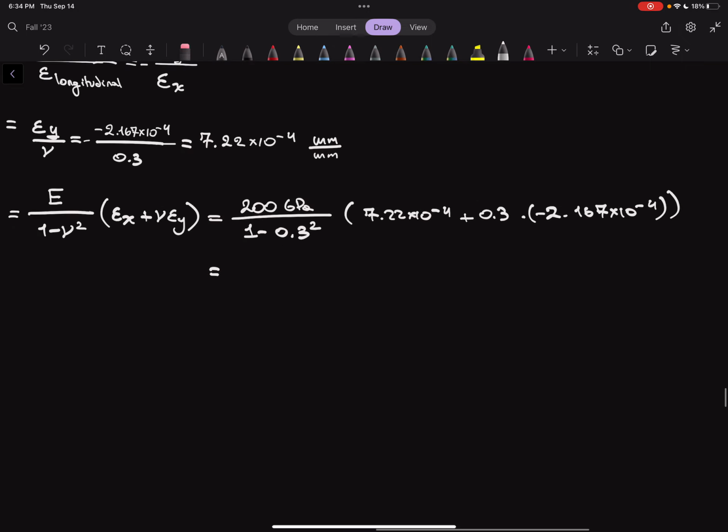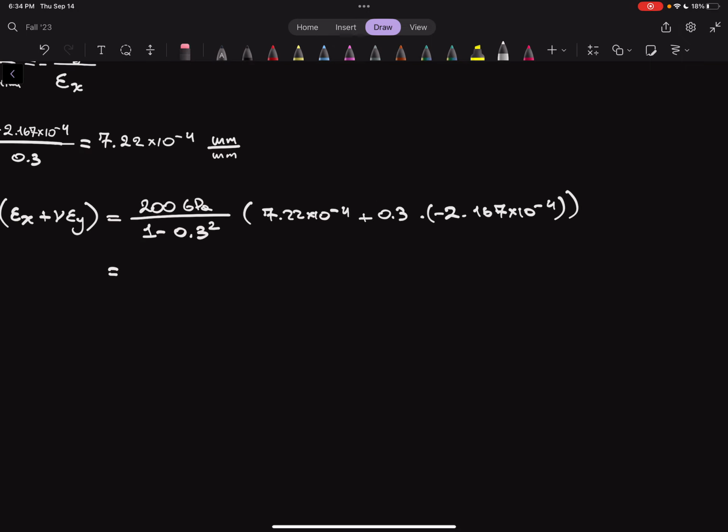So what is that going to be? 200 divided by 1 minus 0.3 squared, multiplied by 7.22 times 10 to the negative 4 plus 0.3 times minus 2.167 times 10 to the negative 4. Put all of that in, and it's going to be 144.4 megapascals.